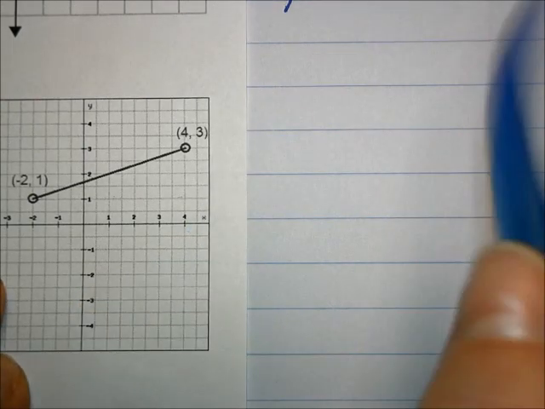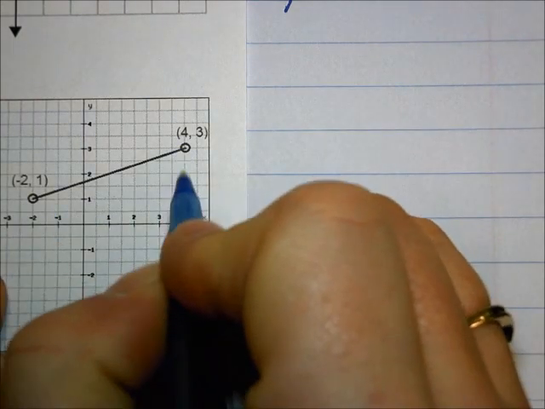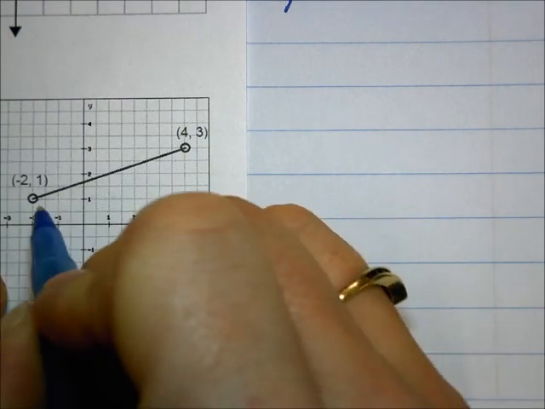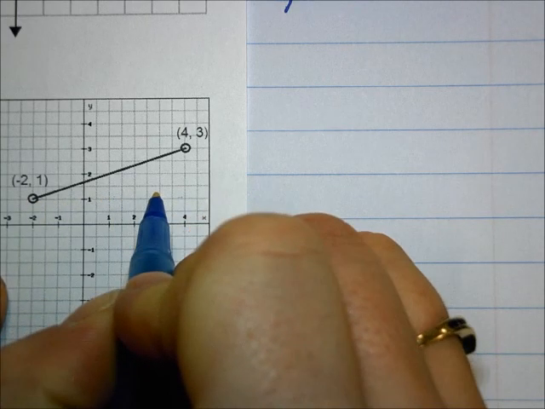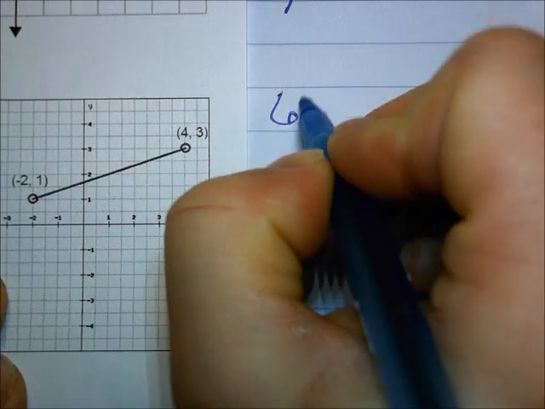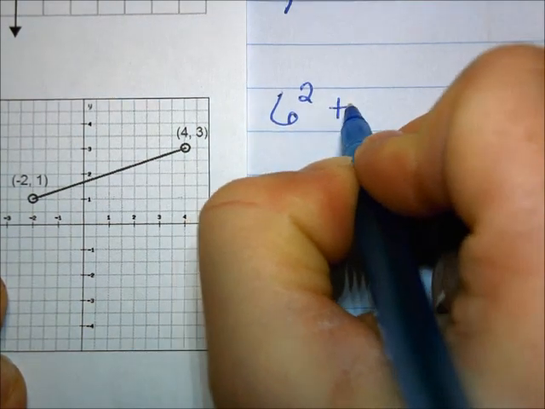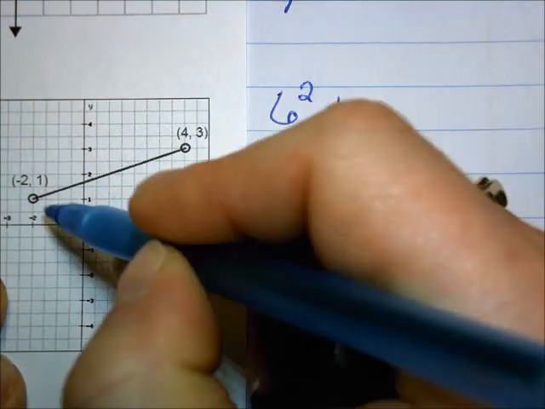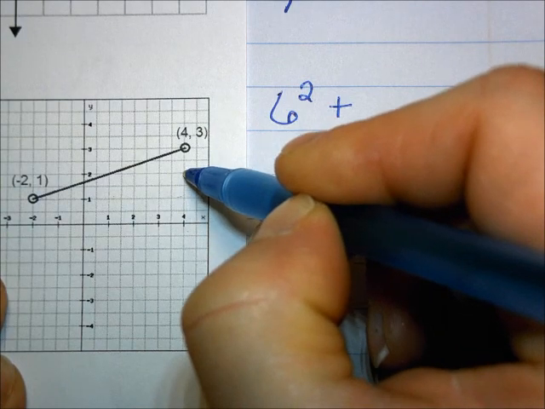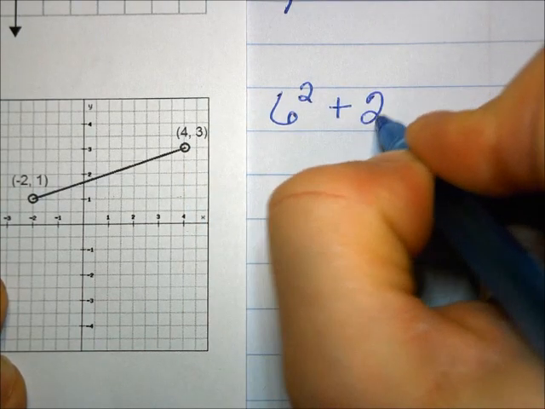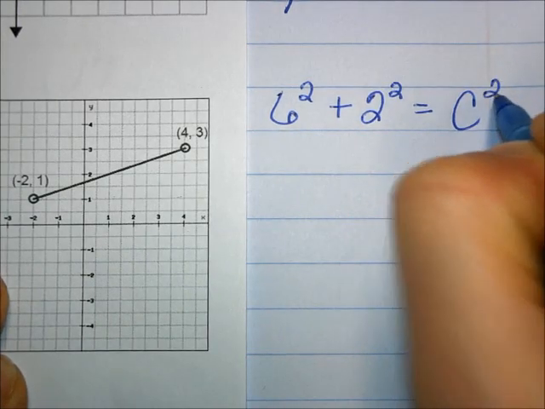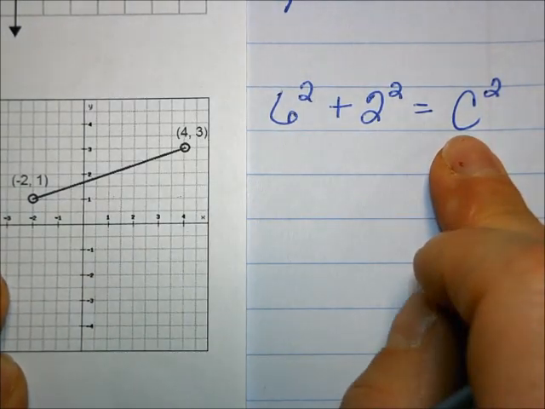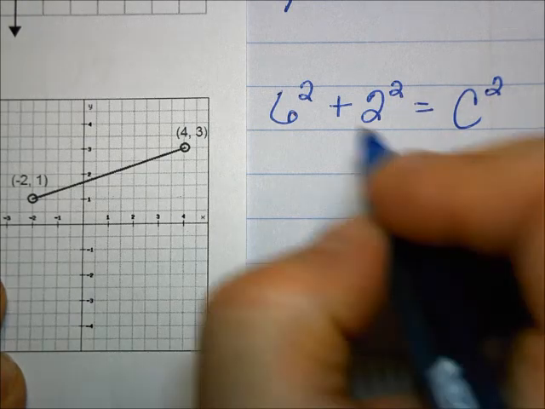If we drew this into a right triangle, one of the legs would be 1, 2, 3, 4, 5, 6. So I could say 6 squared. And then this one I could say would be 2 squared. And that would equal my missing side, which you don't have to call c. You can call it whatever letter you want.